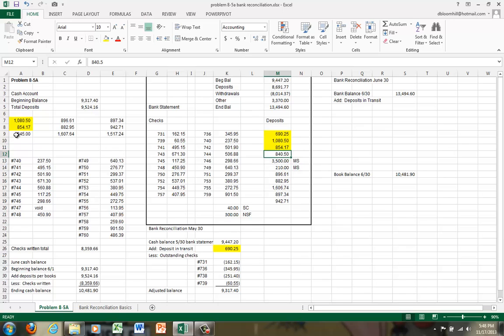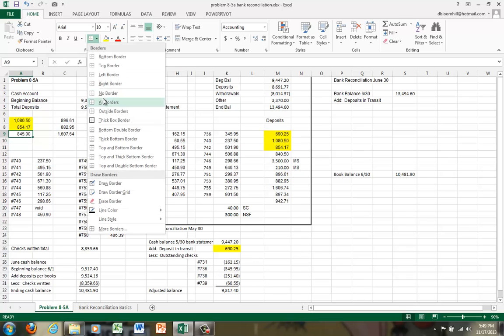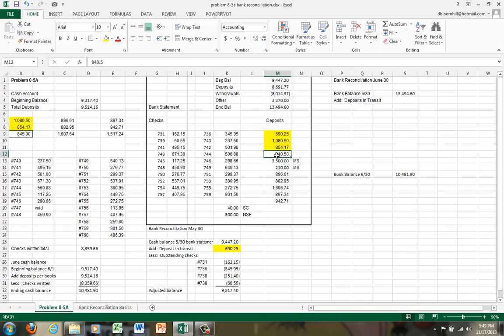Well, in that case we have a discrepancy. The amounts do not match. What we would do in real life is go to the deposit ticket, and the deposit ticket would show the correct amount. We're going to assume that the bank is correct in all of these, so I'm just going to put a box around that to note that that is a reconciling item, and I am going to have to deal with that later.